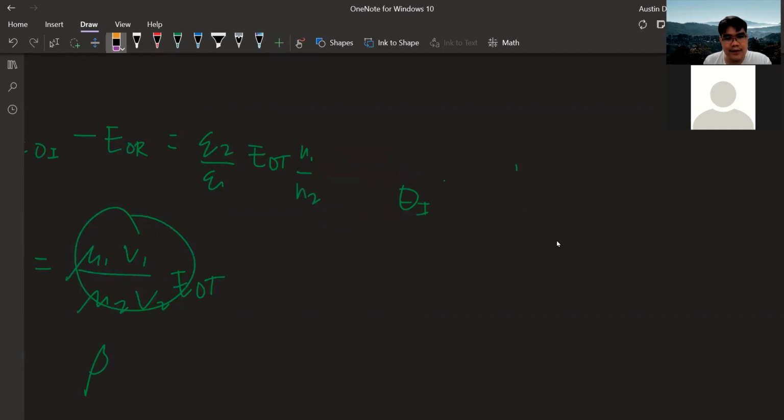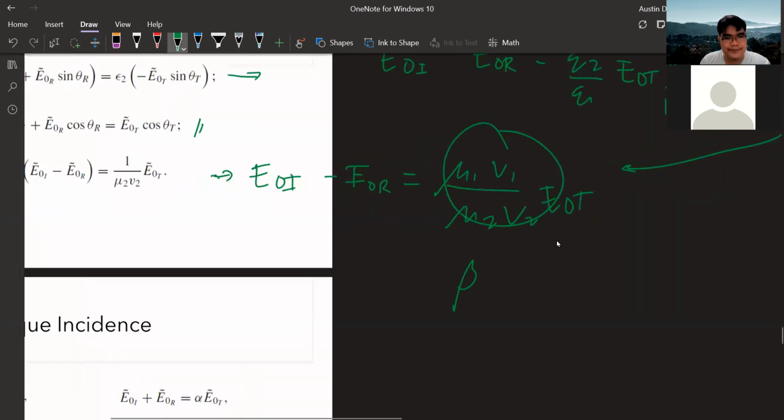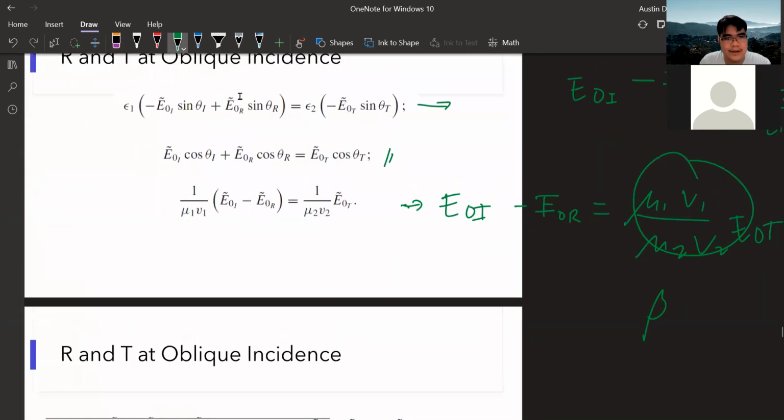In your own time, susubukan nyo na yung E2 N1 is equal to E1 N2 is equal to mu1 V1 mu2 V2. Okay? Equal lang sila. Therefore, this is just also beta. Okay, so these two equations are equal.